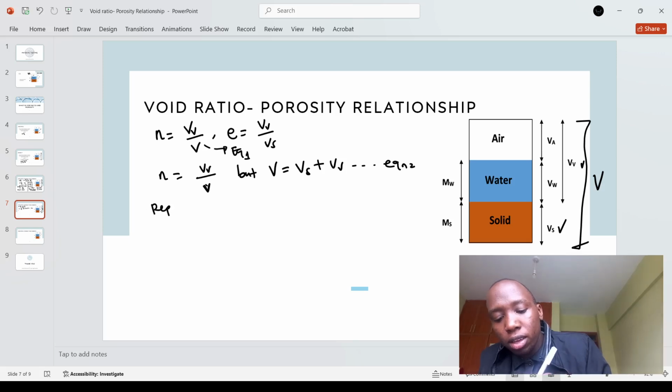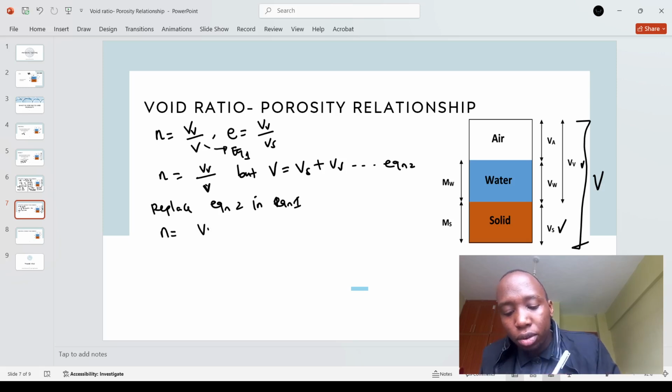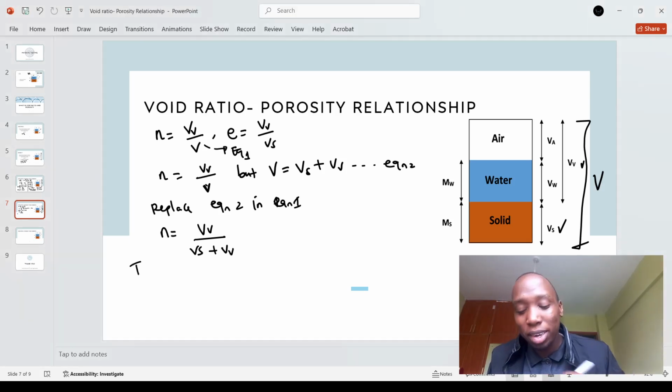Replace equation 2 in equation 1. What do we get? n is equal to Vv divided by Vs plus Vv. Let's take the reciprocal to allow us to perform simple mathematics.